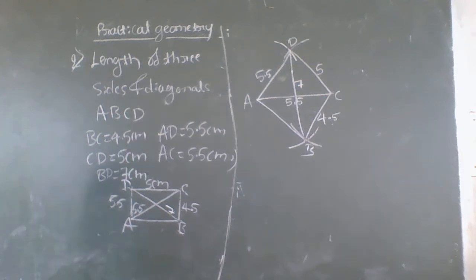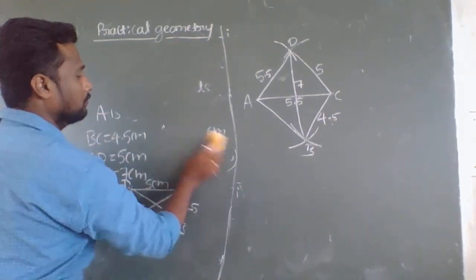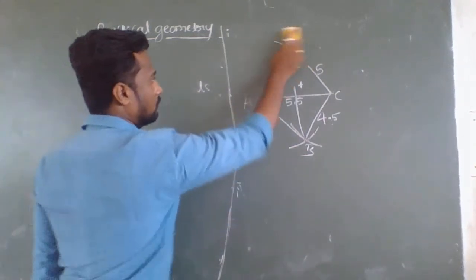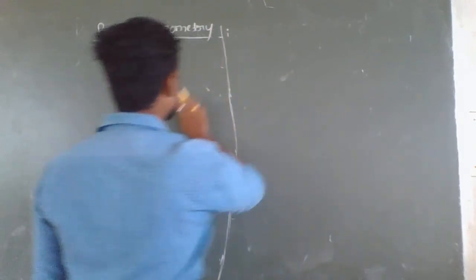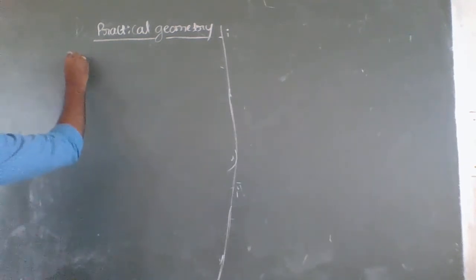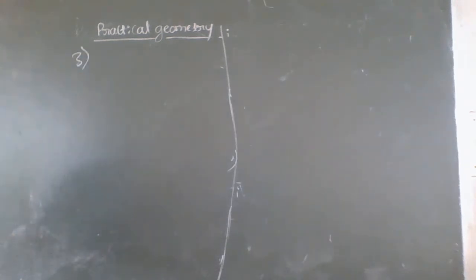So this is the second example. In the next example, the third one, what are they given here?